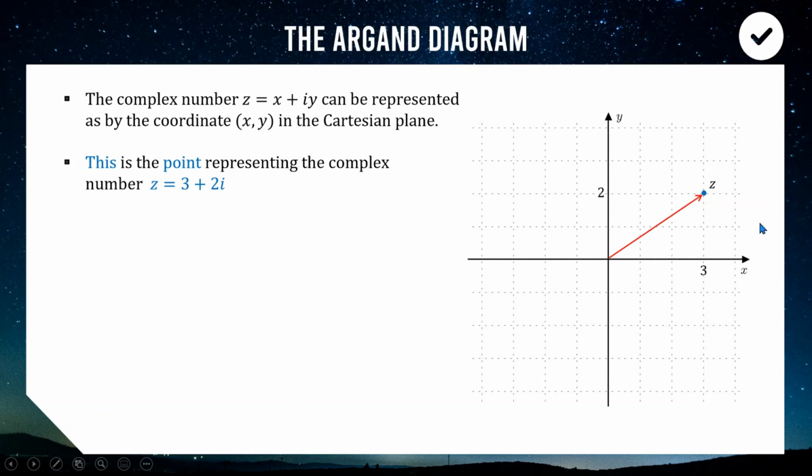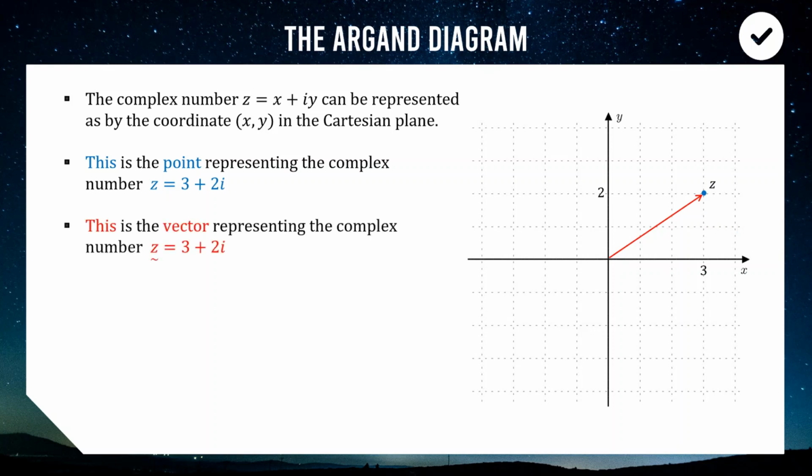Another way we can represent this number geometrically is, instead of a point, we could use a vector. Now, a vector is technically defined as anything that has a direction and a magnitude. So we could say that this complex number, 3 plus 2i, also corresponds to this line, which has this length going in this direction.